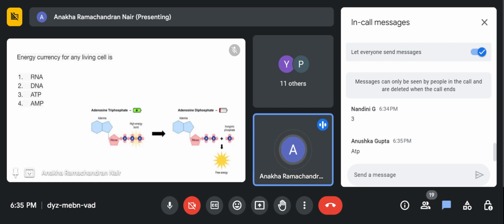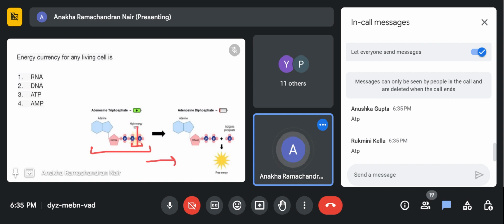As you can see in the diagram, this is ATP, adenosine triphosphate. The bond between these phosphate molecules is a high energy bond. It takes a lot of energy to break them, and once you break them, you release a lot of energy. An enzyme called ATPase will break this bond.